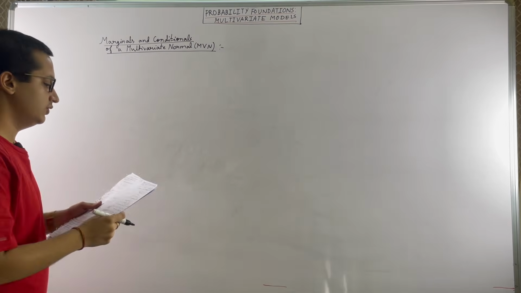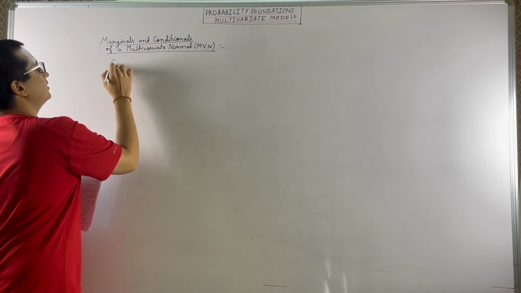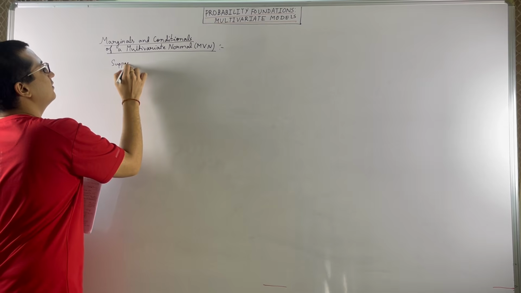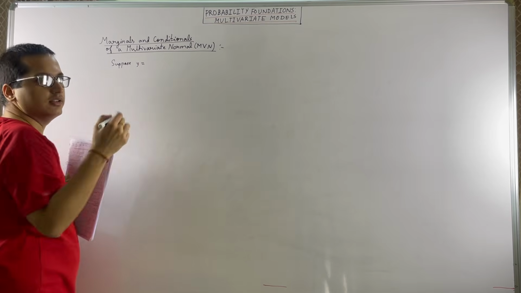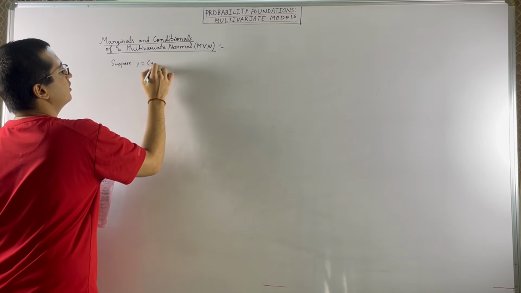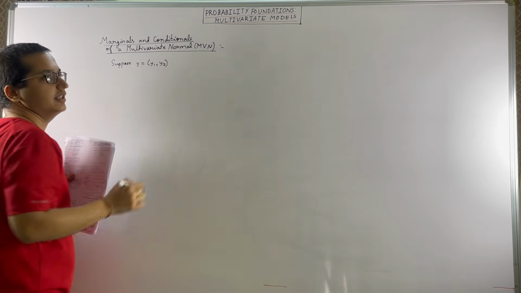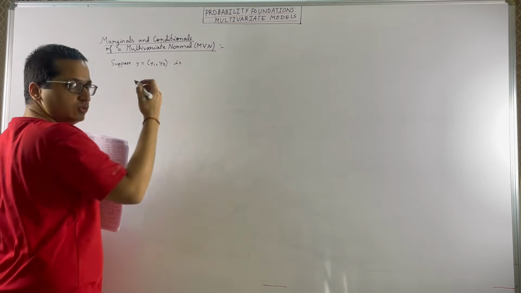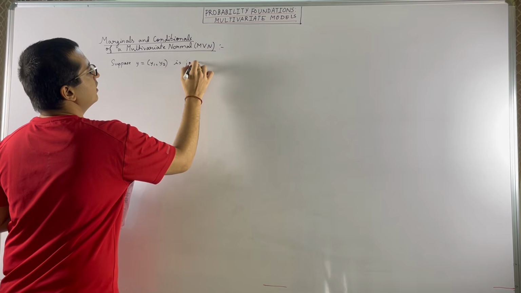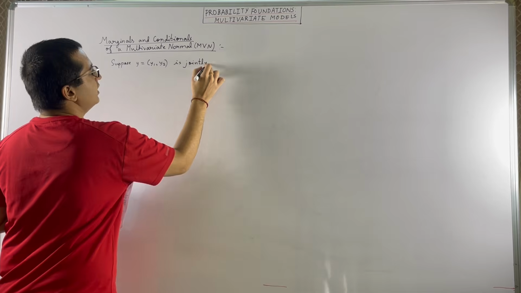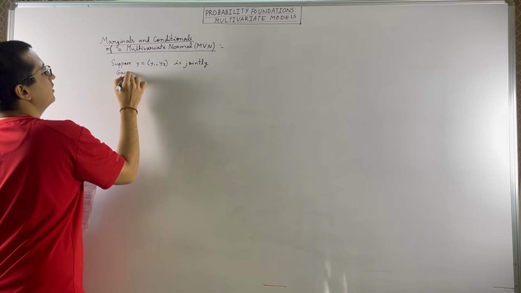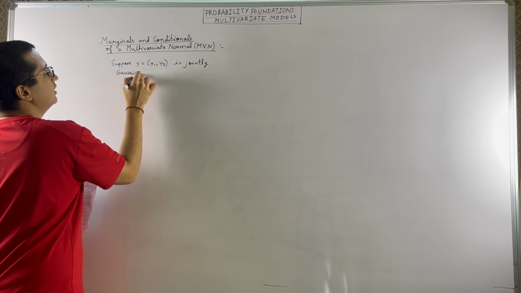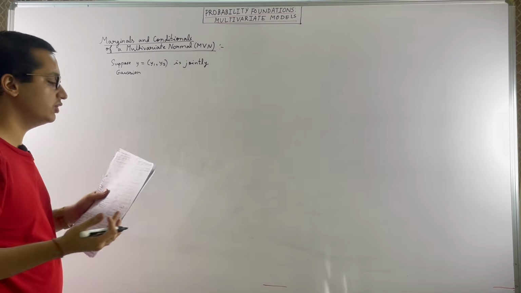Suppose that we have y as our random variable vector, which has y1 and y2 as my random variables, and these two are jointly Gaussian. So these two can be modeled by a joint Gaussian distribution.